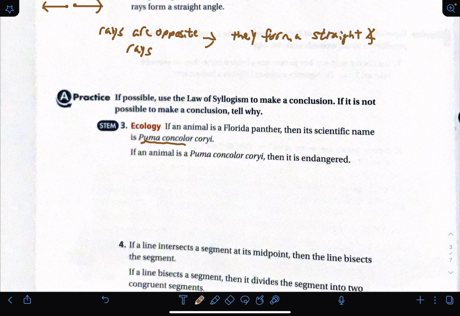So you could say, then the Florida panther is endangered.